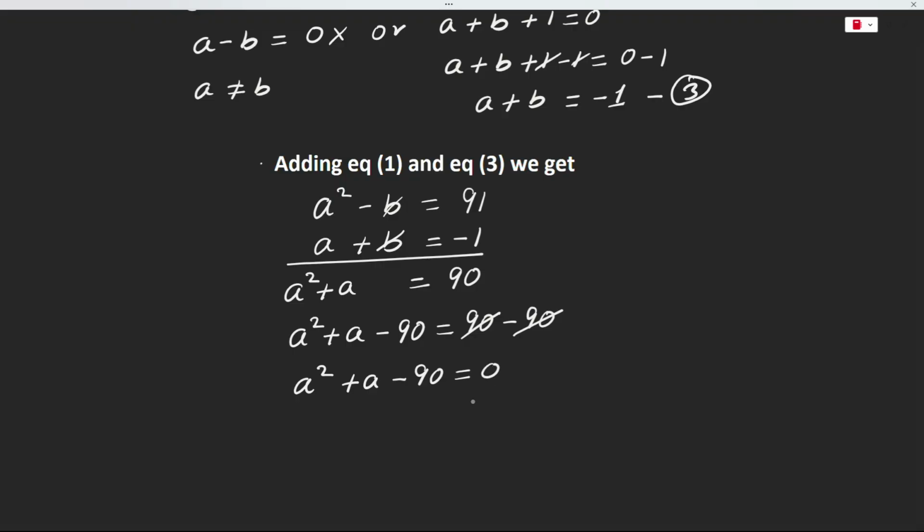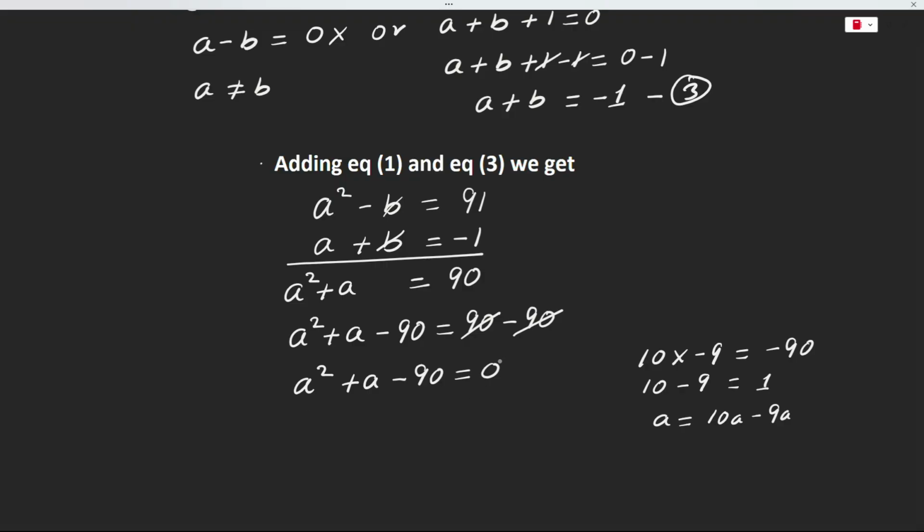Now we will factorize this by splitting the middle term. Since 10 times minus 9 equals minus 90 and 10 minus 9 equals 1, we can write a as 10a minus 9a.